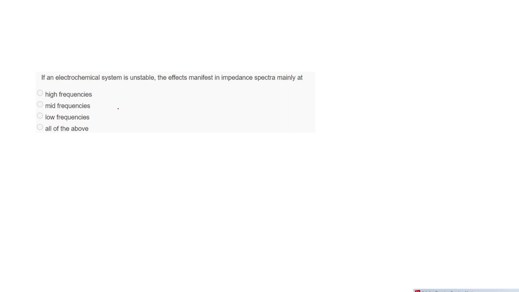If an electrochemical system is unstable, the effect will manifest in impedance spectra mainly at: high frequency, mid frequency, low frequency, all of the above. So basically any of the stability issues will be seen in the low frequency region.